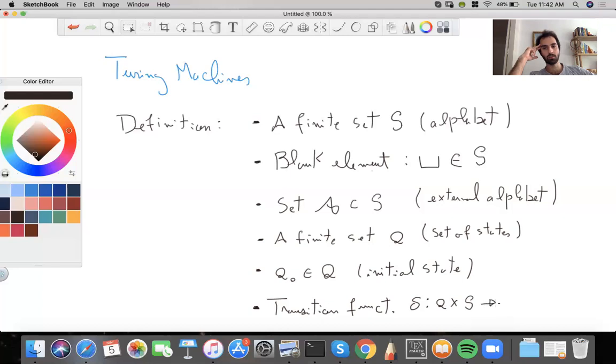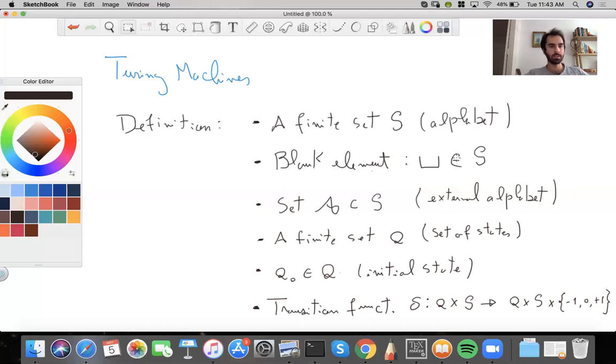And it's going to output a state, a set of characters in the alphabet, and one of three numbers, -1, 0, and +1. So there you go. That's the definition of a Turing machine. You get these 6 things, and you get yourself a Turing machine.